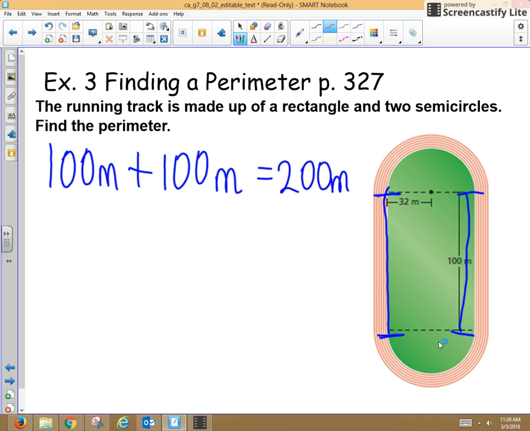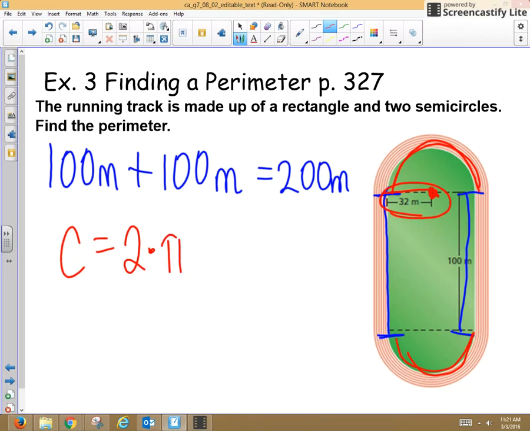Now I need to find the circumference of the circle. Here they give us the radius, from the center point to the outside, is 32. So I'm going to use 2 times pi times the radius as my formula for circumference: 2 times 3.14 times 32.